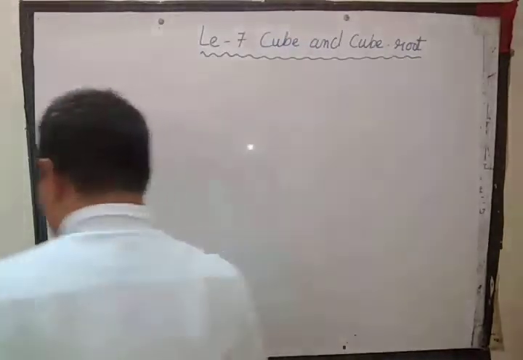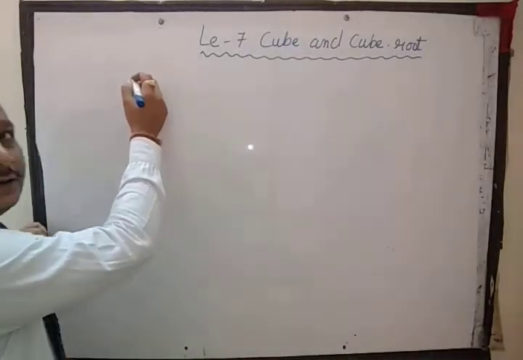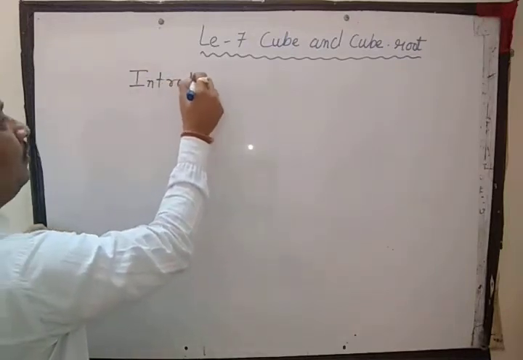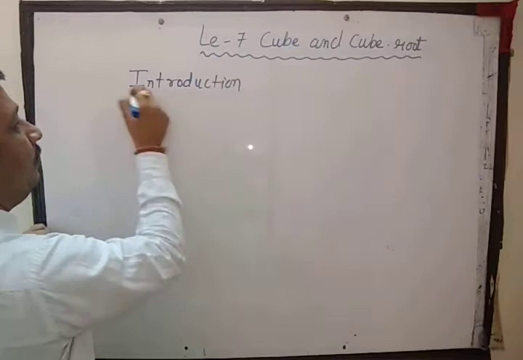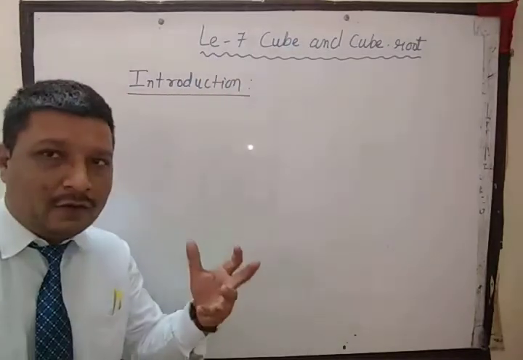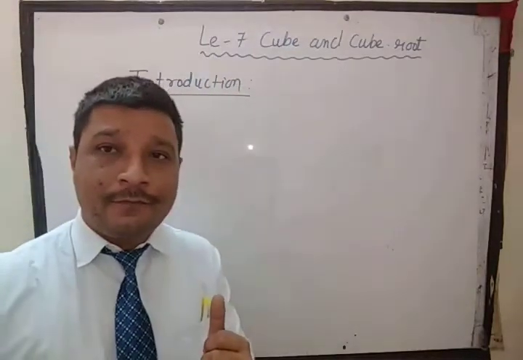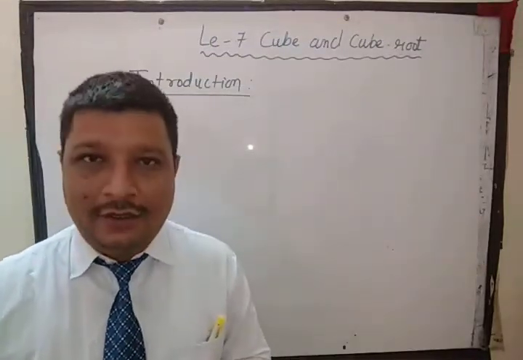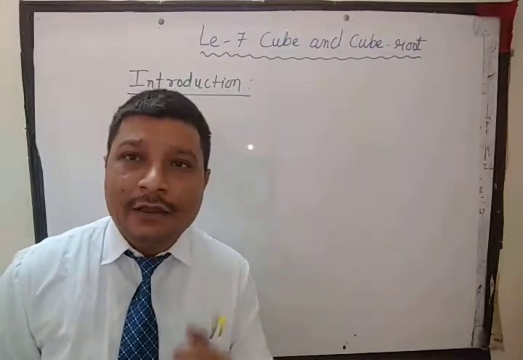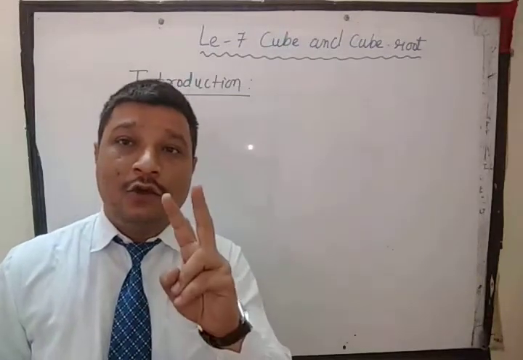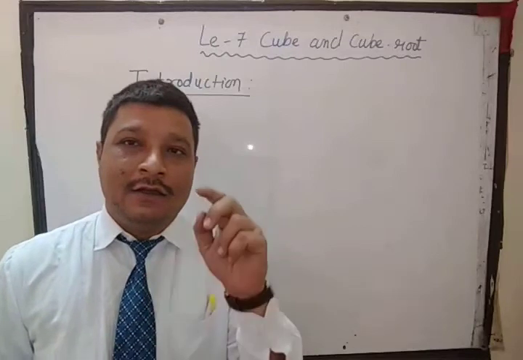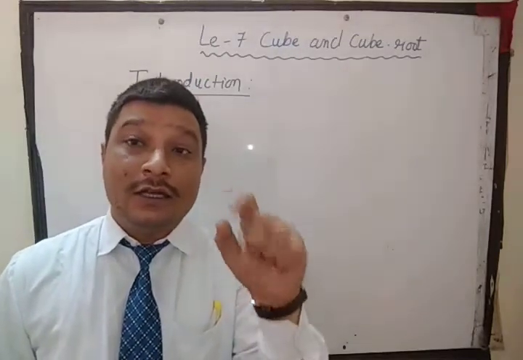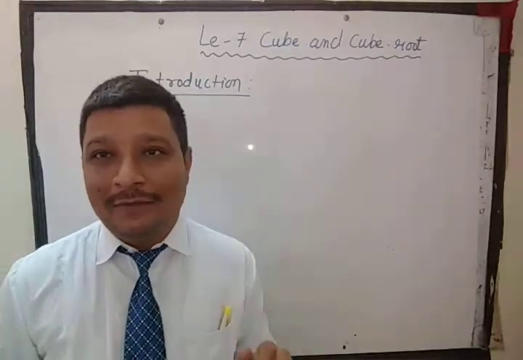As you all know, in the introductory part, we have already learned square root. So what was square? If a number is multiplied with itself twice, two times, the result or the product obtained is called the square of the given number.